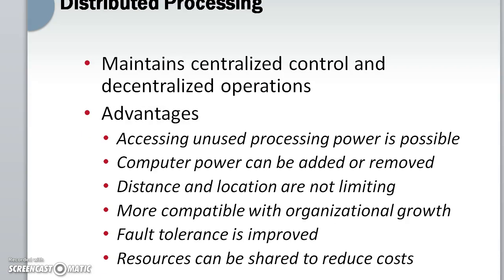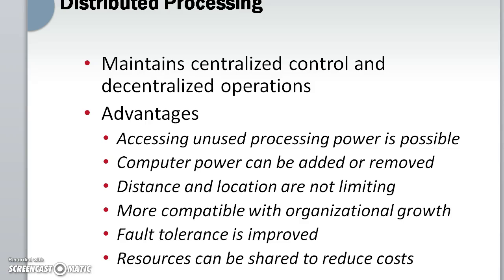Distributed processing, which maintains centralized control and decentralized operation, has a lot of advantages. One of them is accessing unused processing power wherever possible. Computer power can be added or removed. Distance and location are not limited. It is more compatible with organizational growth. Fault tolerance is also improved, and resources can be shared to reduce costs.